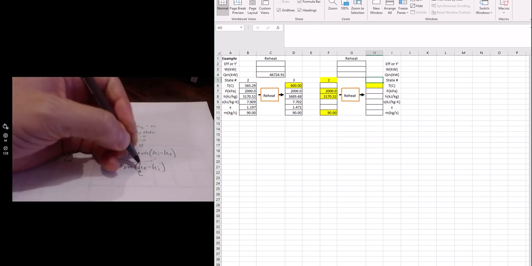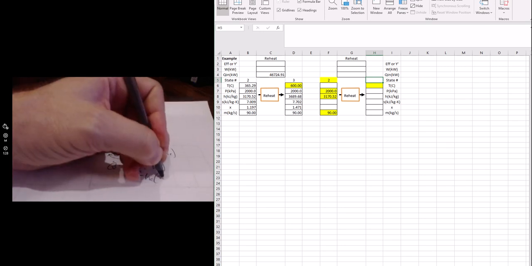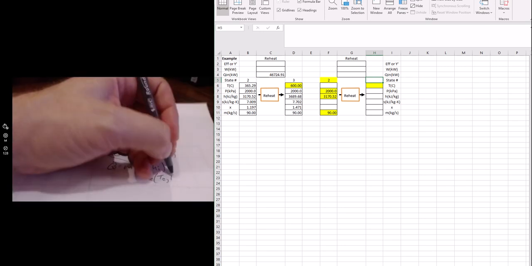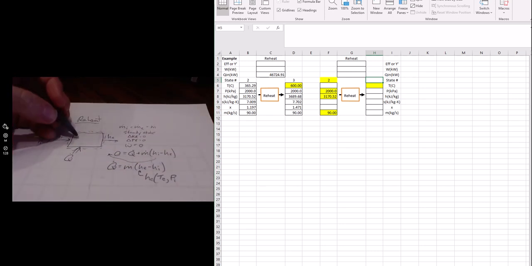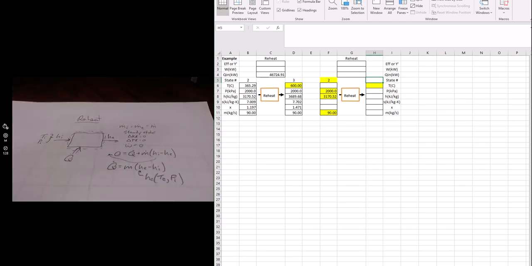So the exit enthalpy would be a function of the temperature that's given. And then the pressure at the exit is the same as the pressure at the inlet, this is open to a tank, so the pressure won't change across here. If it did, it would drop slightly, but we'll assume there's no pressure drop there. So we can easily calculate this one.